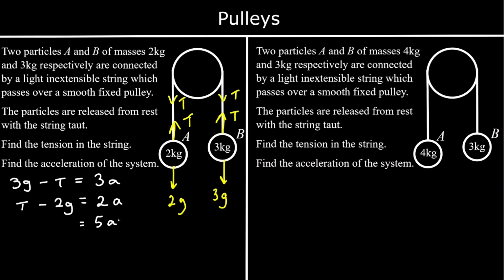For the left side, 3G plus minus 2G is just G, and minus T plus T is nothing. So if we add both sides, we get G equals 5A, so A must be 1/5 of G, and that's acceleration in meters per second per second.